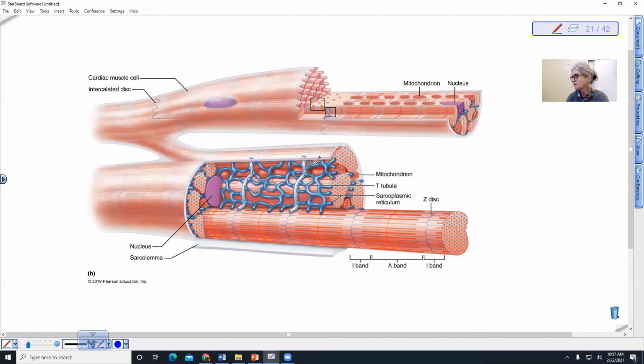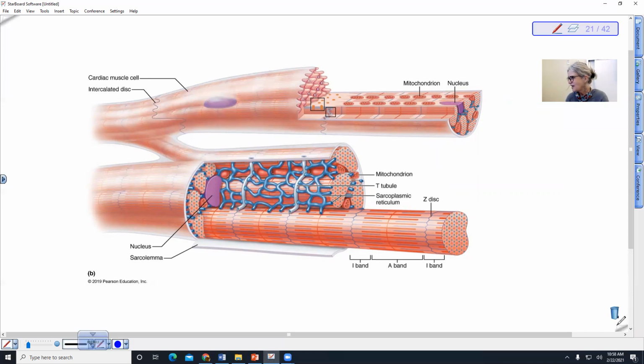And then when the muscle is stimulated to contract, calcium ions would be released there. So you can see it's a branched kind of cell. It is a little bit fatter than a skeletal muscle cell, and it has fewer nuclei, but lots and lots of mitochondria.